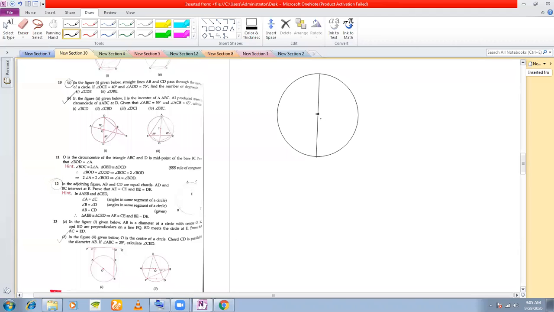So the center is given to be O. This is one diameter given, two diameters given.